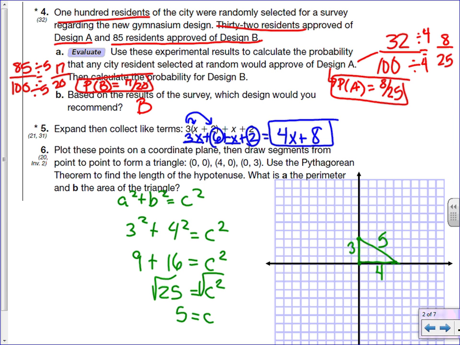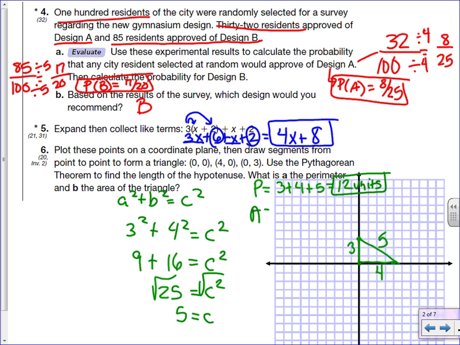And then what is the perimeter and the area of the triangle? So to find the perimeter, we add up all the sides. 3 plus 4 is 7, plus 5 is 12. And we don't know what the units are, so we just call them units.